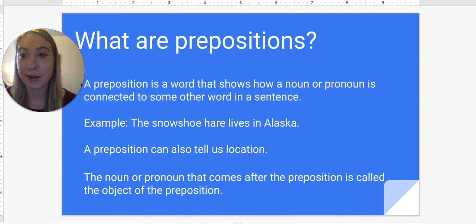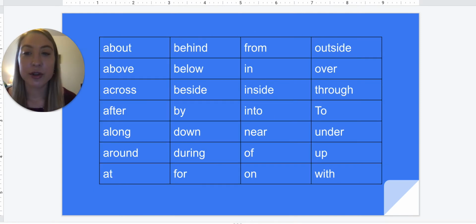So let's go over some prepositions. Here is a list of prepositions. If you have a piece of paper next to you, I would encourage you to write these down, because this is what we're going to be looking for in our homework today.